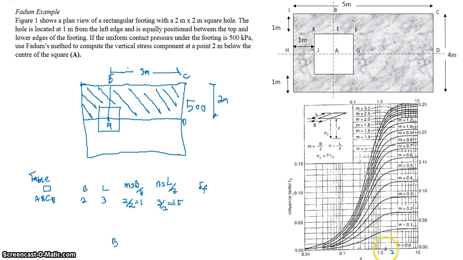So n is 1.5 and m is 1, so m is 1 is here. Basically it should be around here. Either you read to the left or to the right. So the influence factor is here, actually 0.15, and it increases 0.01 each level.